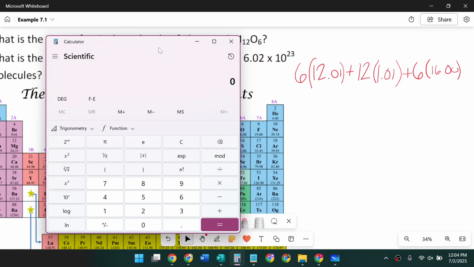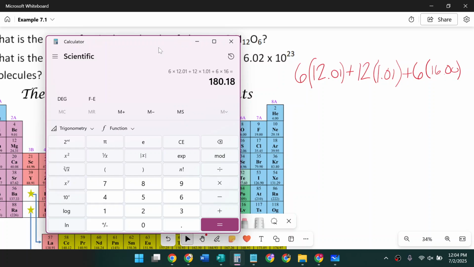All 3 of these numbers in parentheses, these atomic mass units, have their precision to the hundredths place, so our answer will have its precision to the hundredths place. So we don't have to worry about the multiplying as if it were another significant digit.